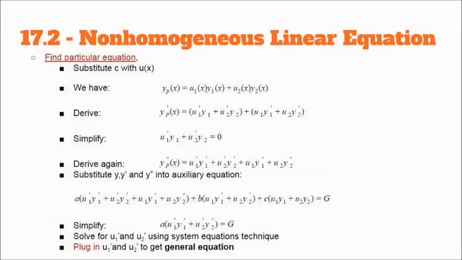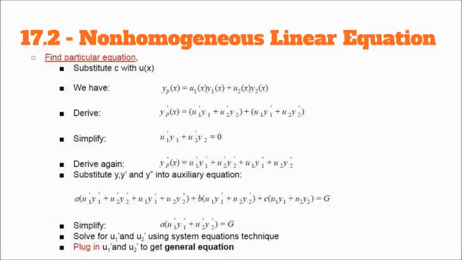Now, we take the derivative of yp, and since u1 and u2 are arbitrary functions, we can impose two conditions on them. One condition is that yp is a solution of the differential equation. We can choose the other condition so as to simplify our calculation.